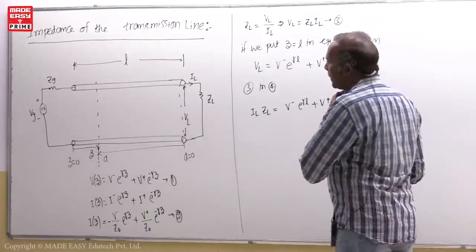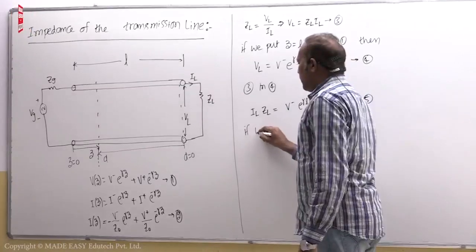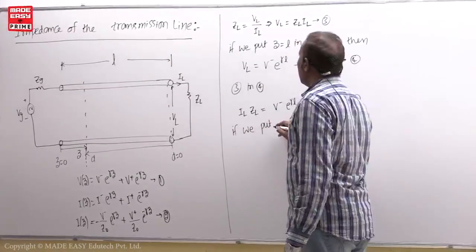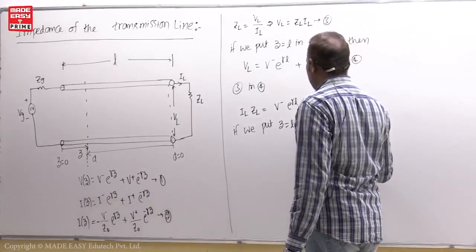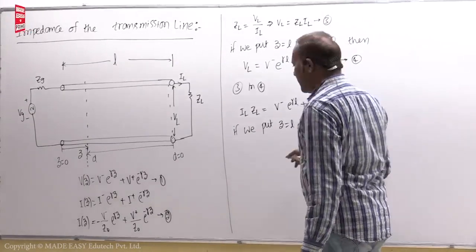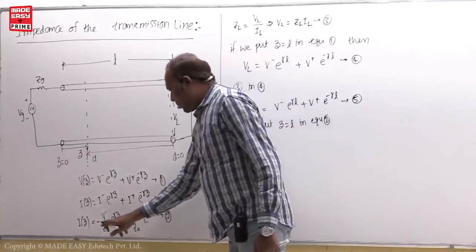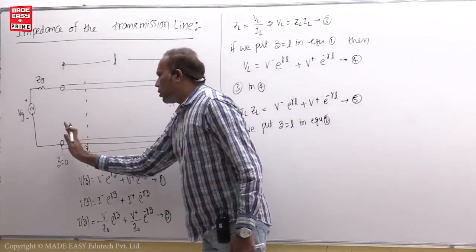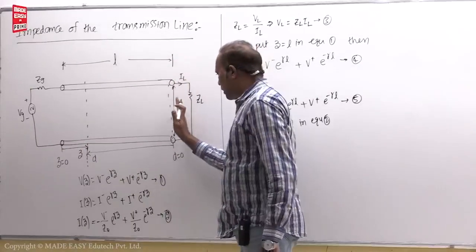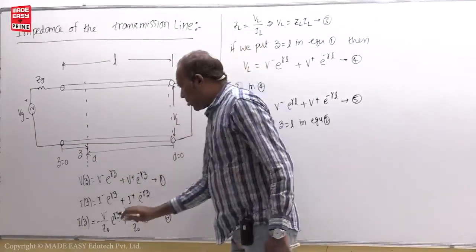Similarly, dear students, if we put z equal to L in equation 2, that means you come to the load, and then you get I_L, the total current at the load.